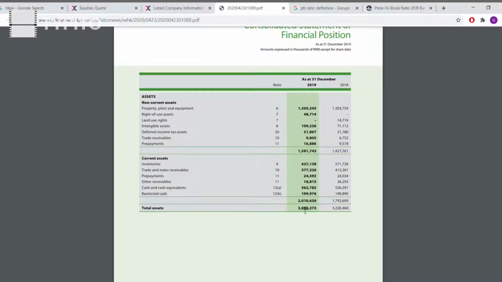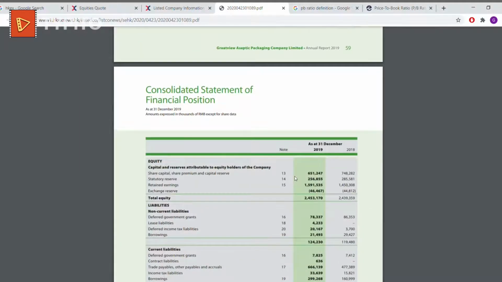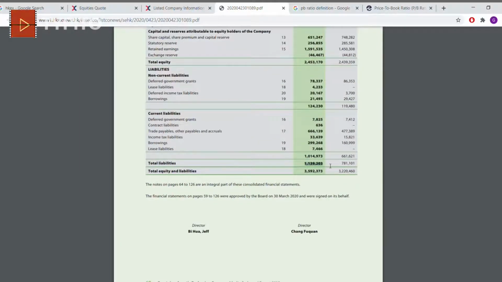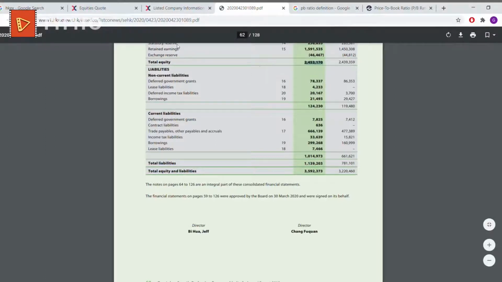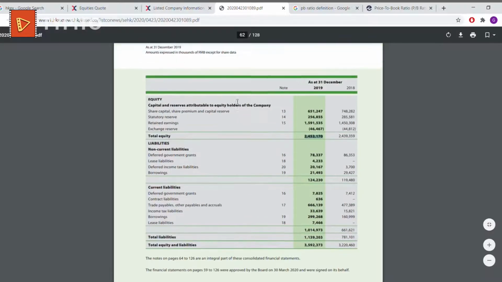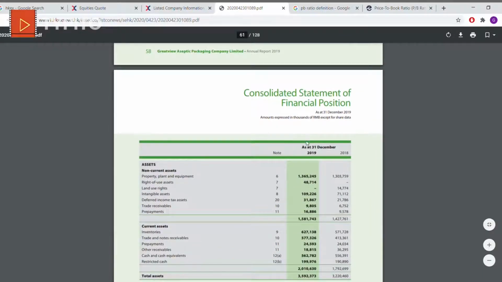I will take this figure and minus off the liabilities, or you can simply take the total equity figure, and compare it against its market cap. If I'm not mistaken, this is in RMB.